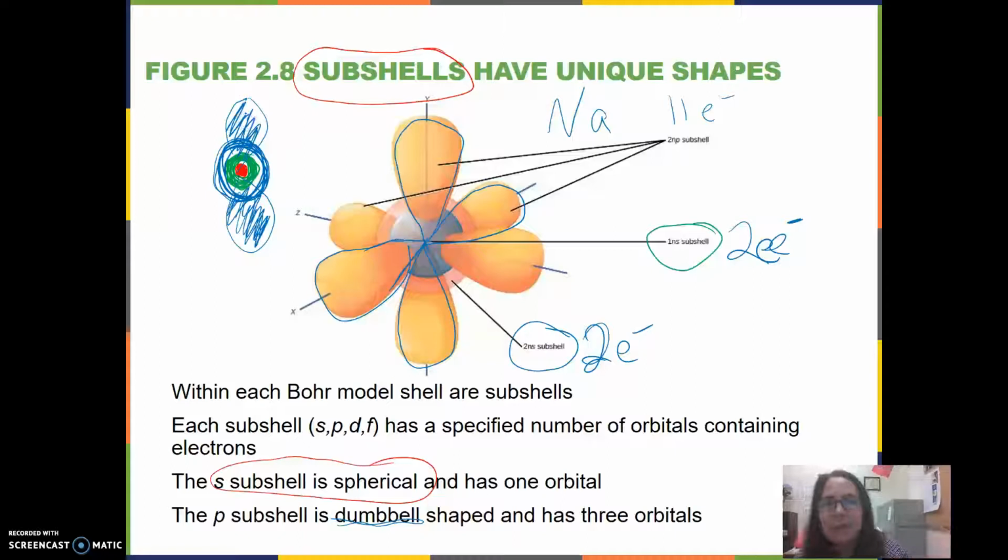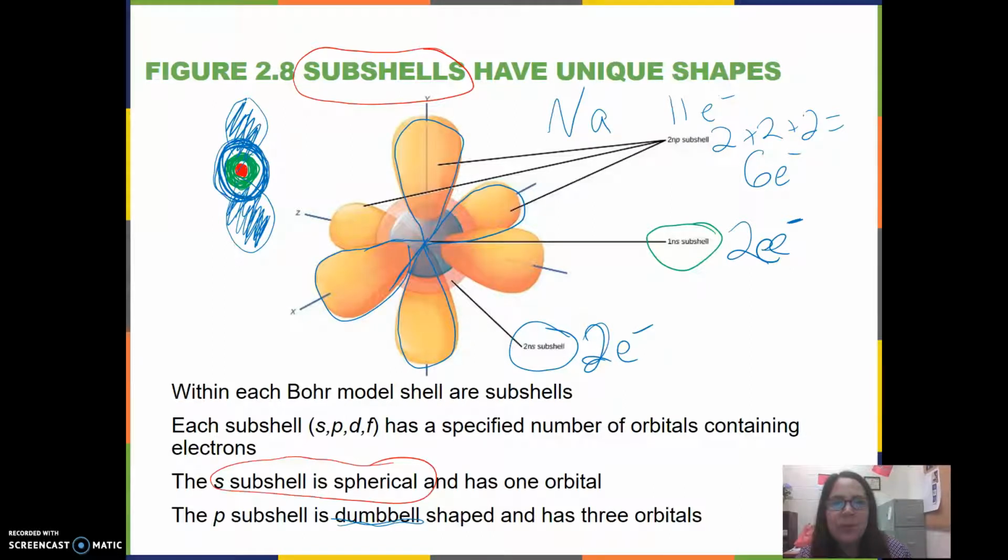So for each of the p subshells, you have 2 more electrons. So you have a total of 2 plus 2 plus 2 is 6 in the p subshells. So what that gives you in the second energy level is 8 electrons.